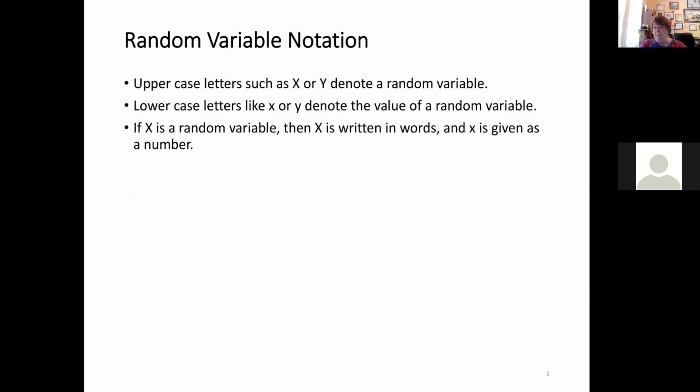So they're actually numbers. So the big X, big Y are descriptions in English. The little x and the little y are actually numbers that the random variable can take on. So if capital X is a random variable, then capital X is written in words, and little x is given a number.